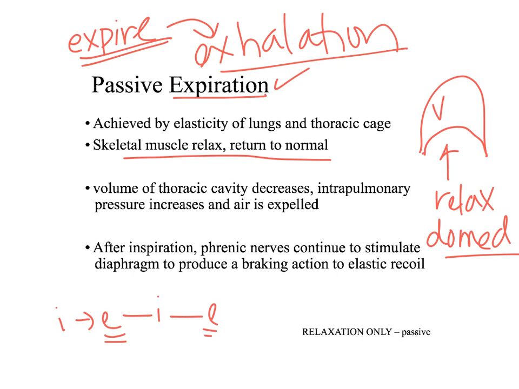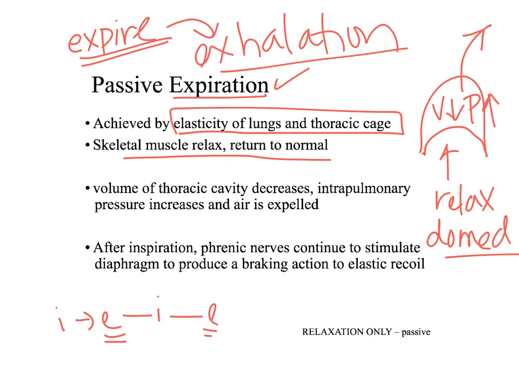So the volume is going down, the pressure is going to go up, and then the air is going to leave. When everything relaxes, our lungs and thoracic cavity are actually very elastic, so they want to go back to being small. The volume of the thoracic cavity decreases, intrapulmonary pressure increases, air is expelled.